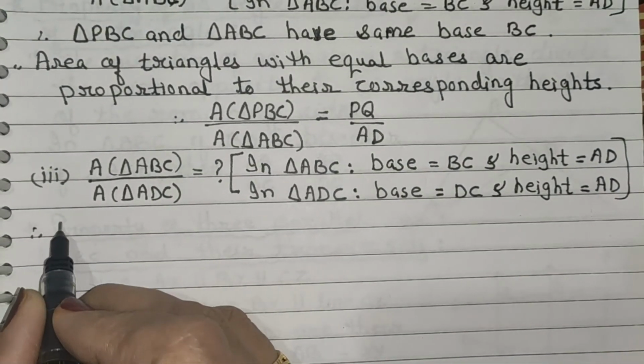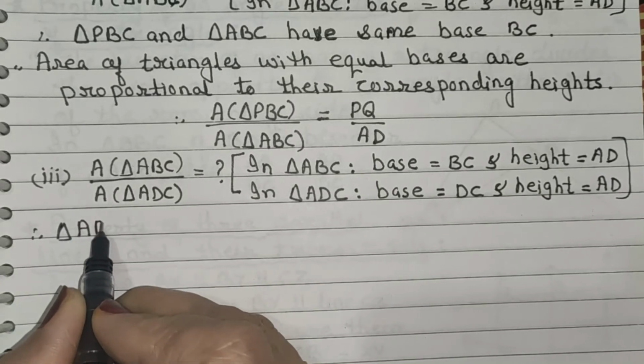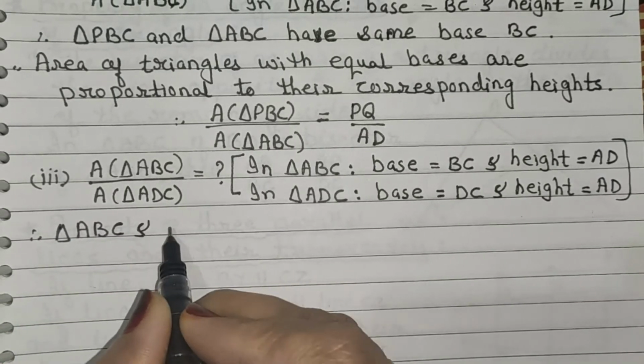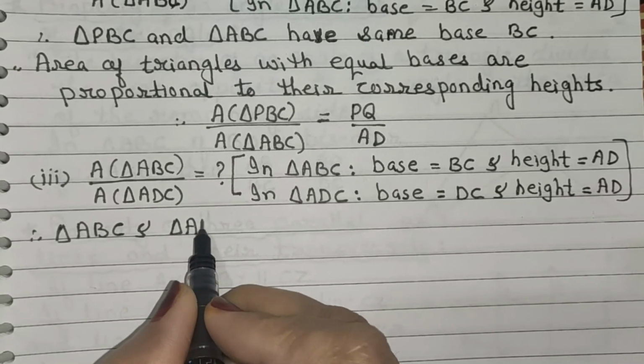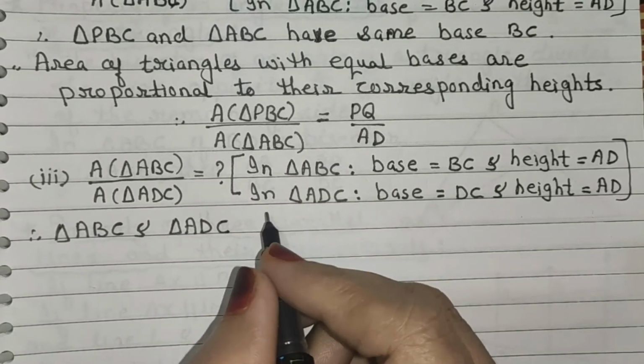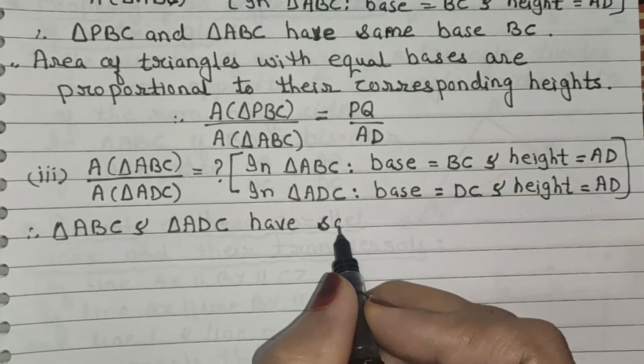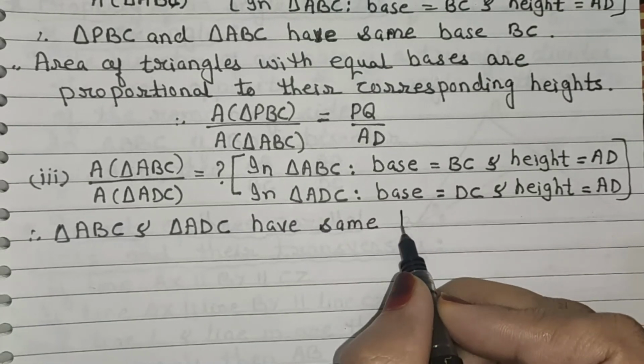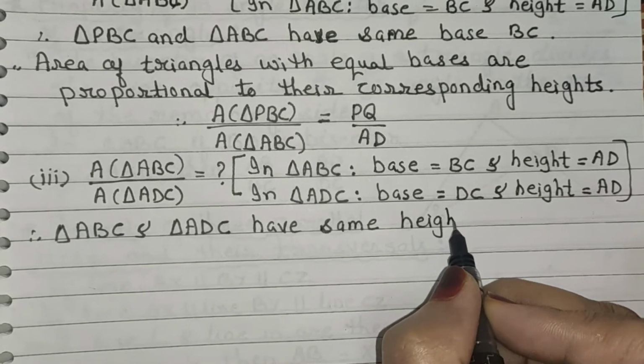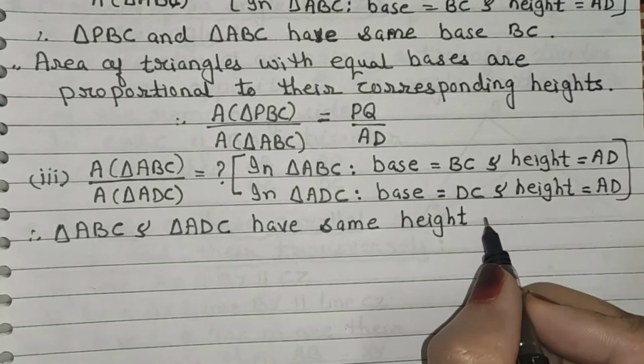Therefore write down here: triangle ABC and triangle ADC have the same height AD.